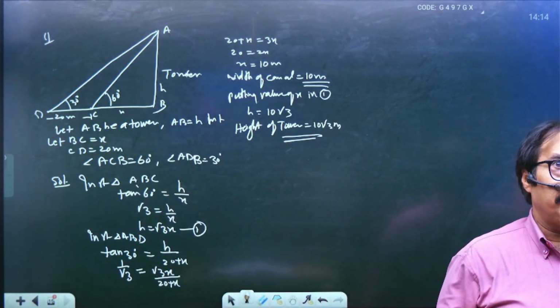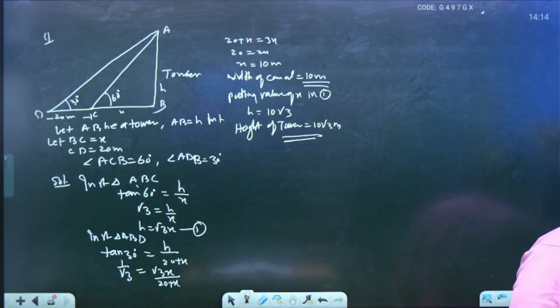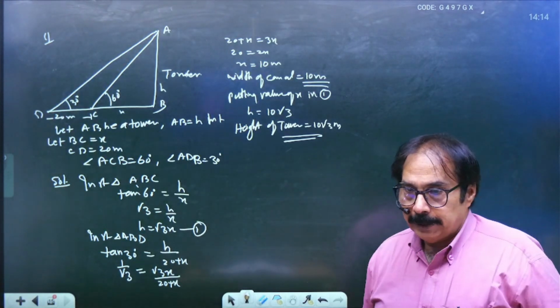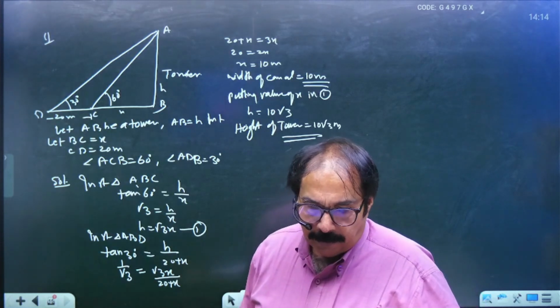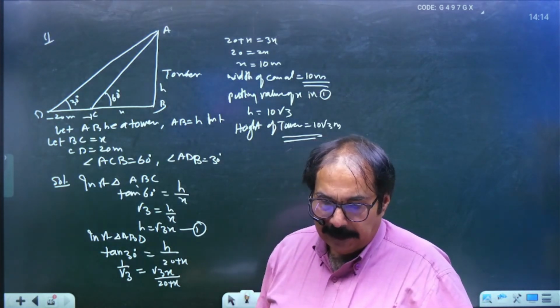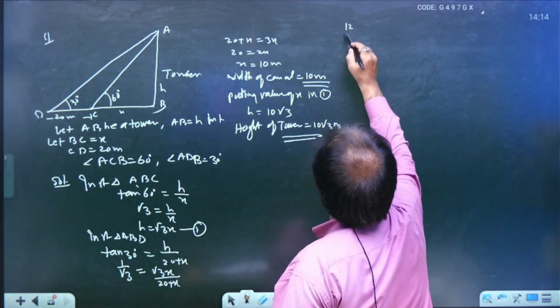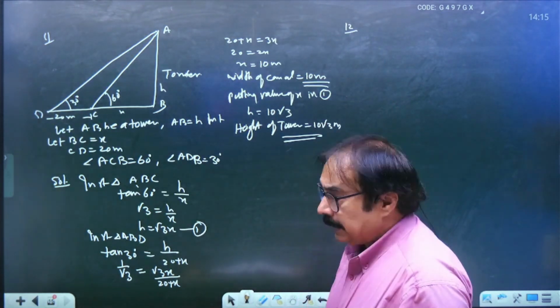And now question number 12. Question number 12 is: from the top of a 7-meter high building.